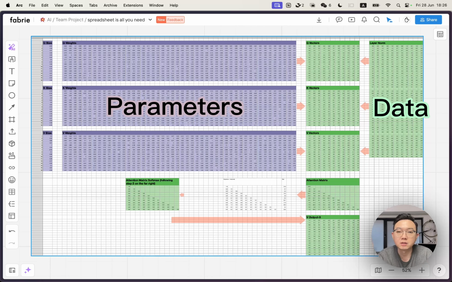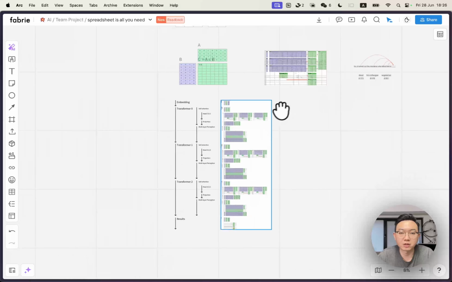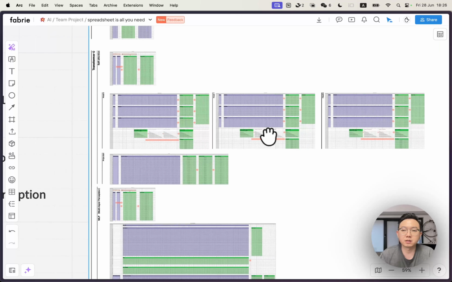The purple ones mean they are parameters, and the green ones mean they are actual data being processed, right? So imagine these green things going through the purple boxes, and then coming out slightly differently. This is the essence of the entire architecture. It's just these actions being done repetitively and also in different forms.